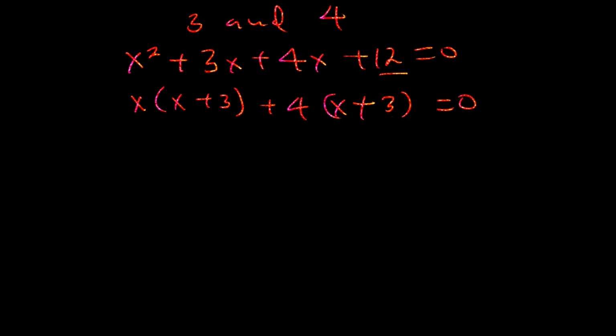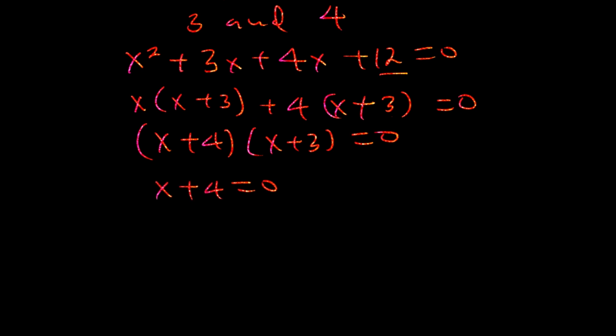We take the ones outside the bracket, that is x plus 4, and the one in the bracket, that is x plus 3, and we equate that to 0. This product of numbers gives us 0. So either x plus 4 equals 0, or x plus 3 equals 0. If this is the case, then x is negative 4, and if this is the case, then x is equal to negative 3.